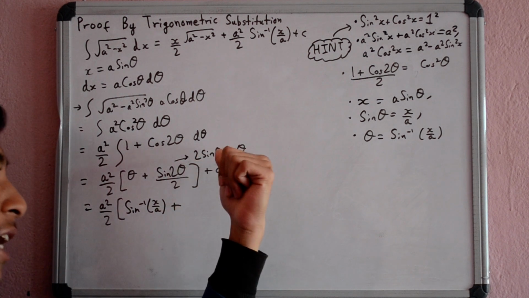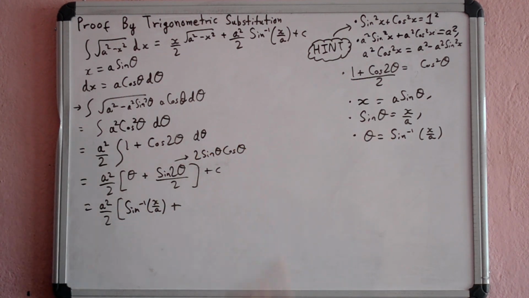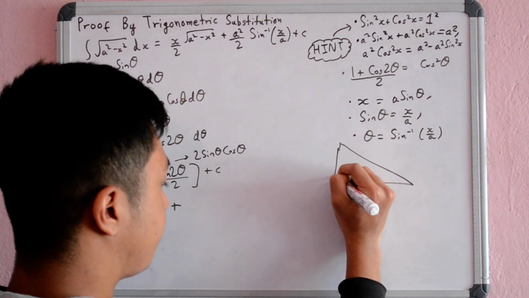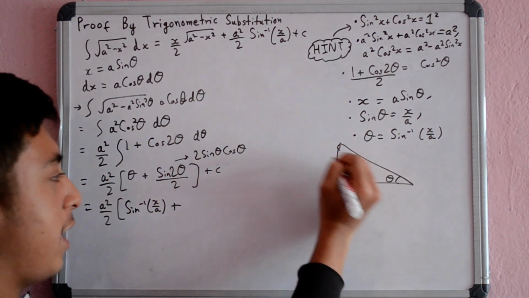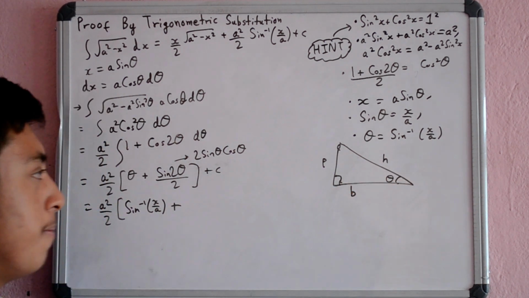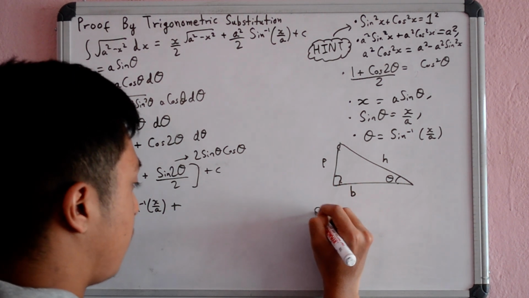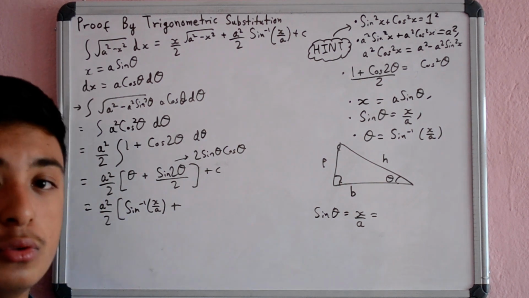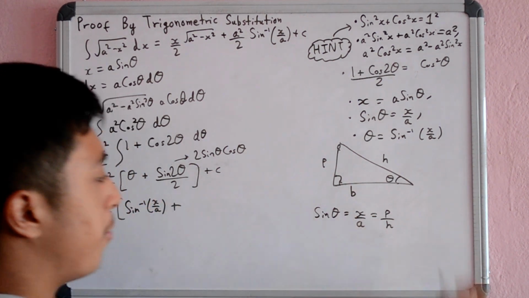So we know what our sin theta is, but what is our cos theta? Well, for that we have to move on to the right angle triangle. So if this is the angle, this is the perpendicular, this will be the hypotenuse, this will be the base. Now we need to use our sin theta. We know that sin theta is equal to x by a. But we also know that sin theta is just perpendicular by hypotenuse.